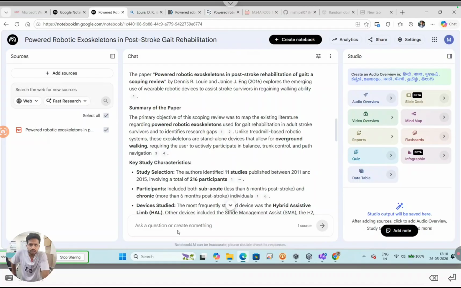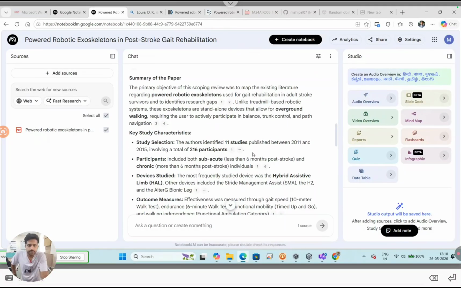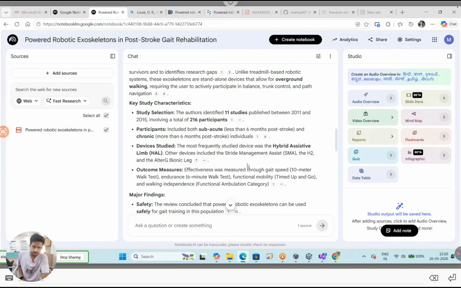It explores the use of wearable robotic devices to assist stroke survivors in regaining walking ability for gait rehabilitation in adult stroke survivors, and to identify research gaps. Unlike treadmill-based robotic systems, these exoskeletons are standalone devices that allow for overground walking, requiring the user to actively participate in balance, weight control, and path navigation.